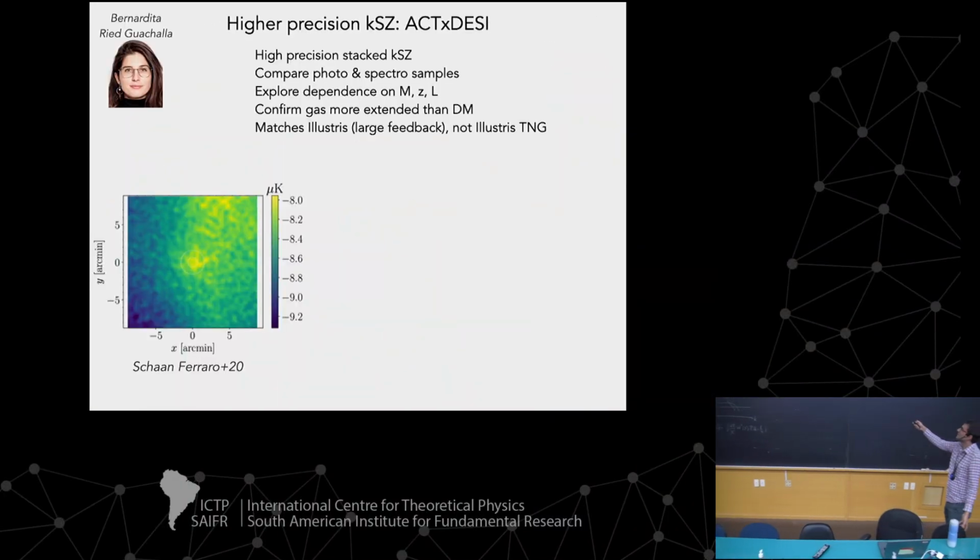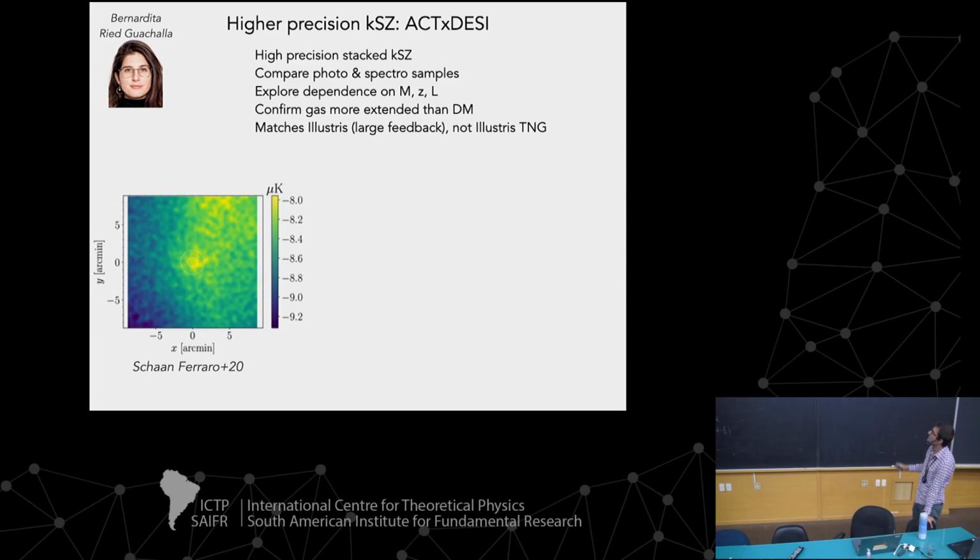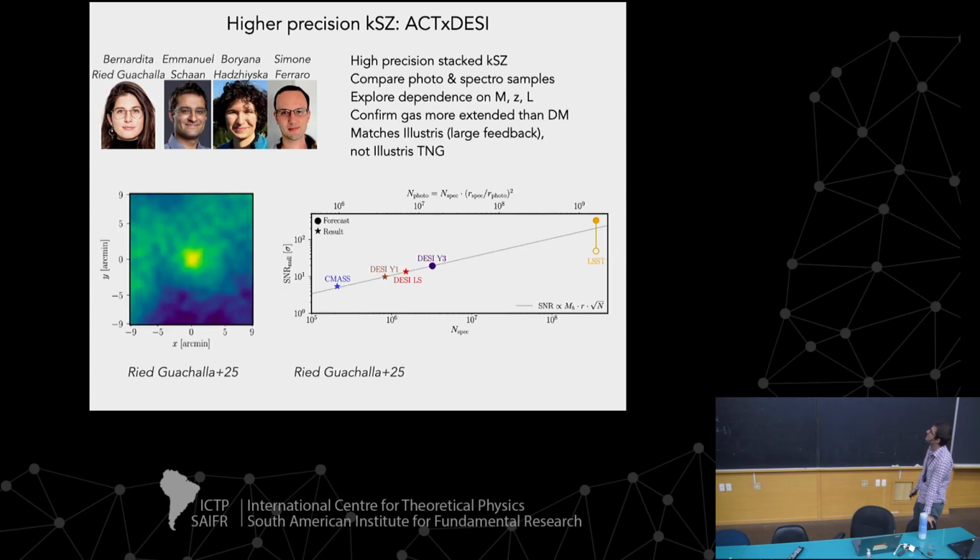And so this is the kSZ measurement that I led in 2020 with ACT and BOSS. And since then, Bernardita has improved the measurement a lot. And the little blob you see here is the gas density profile around these DESI galaxies.